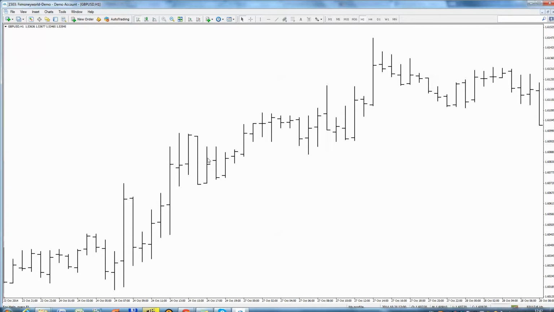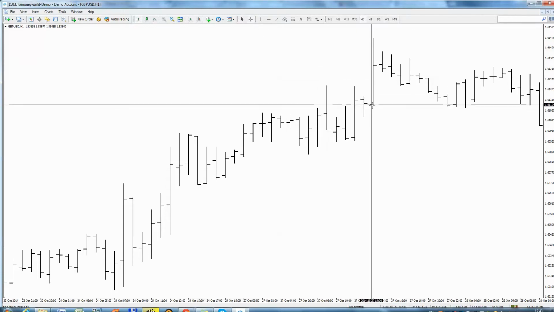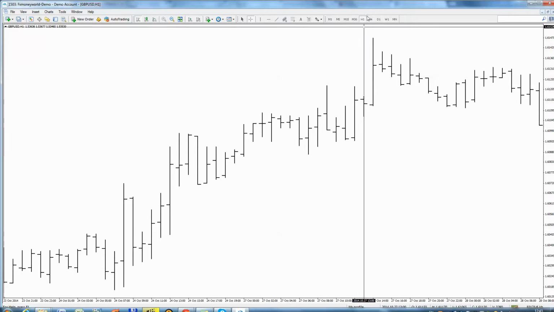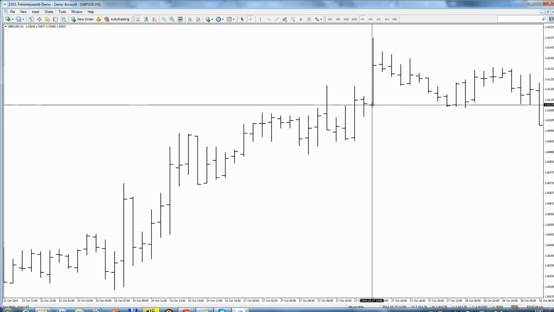Here are several bars. There are a lot of bars. As you have understood, the bar chart consists of bars. So let's take for example this bar. It consists of a vertical line and two horizontal lines. That is the first price that was given in this hour, because you see that now we have our time frame. Here is the first price at 2 o'clock on the 20th of the 10th month of 2014.